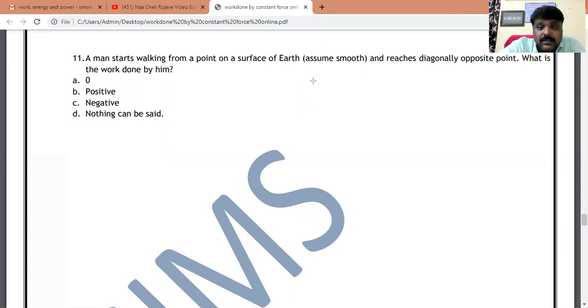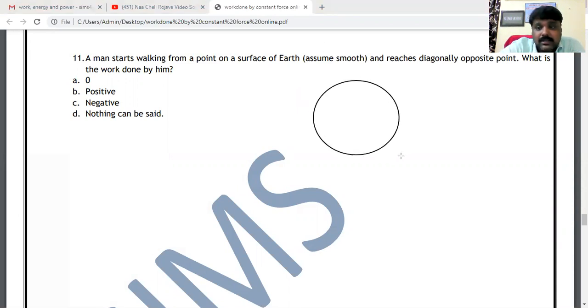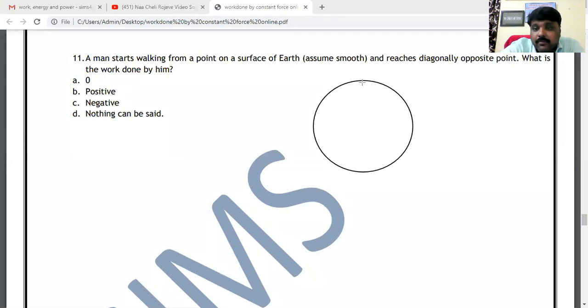That means this is our earth. The man from this point A, let us assume from this point A, he reached exactly the diagonally opposite end, he is saying.